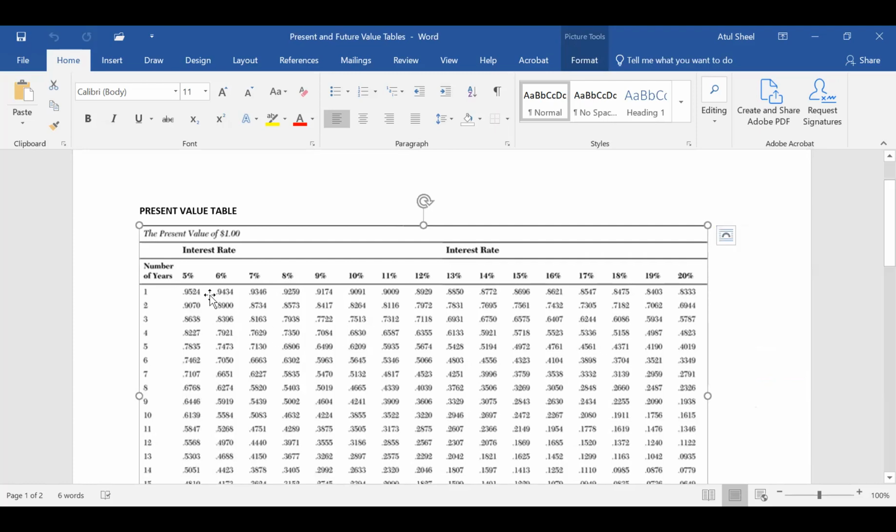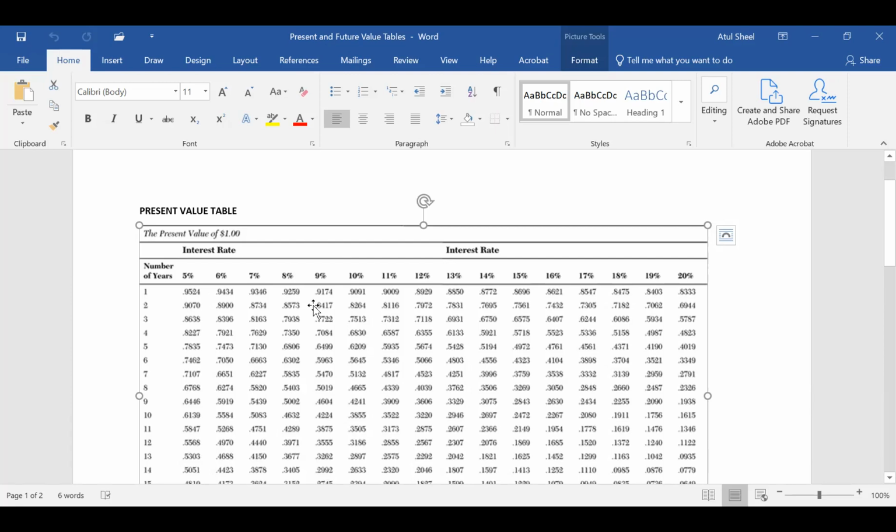So the interest rate is 5%, and let's say you receive $1 at the end of 1 year. At 5% interest rate, what is it worth today? So 1 divided by 1 plus r to the power 1, 1.05 to the power 1 is 0.9524. So they have made it easier for you. They have calculated it. You can read it off the table.